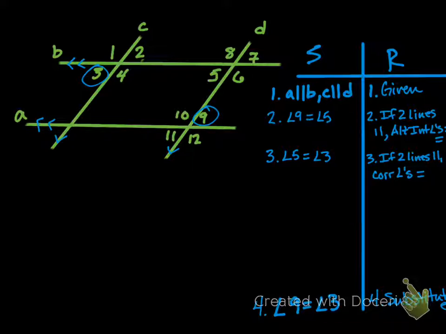Now, another way we could do this is, well, we could say 3 and 2 are equal. Okay, we have the same first step as before. Second step, angle 3 equals angle 2. And that is vertical angles are equal. You could say angle 2 equals angle 7.